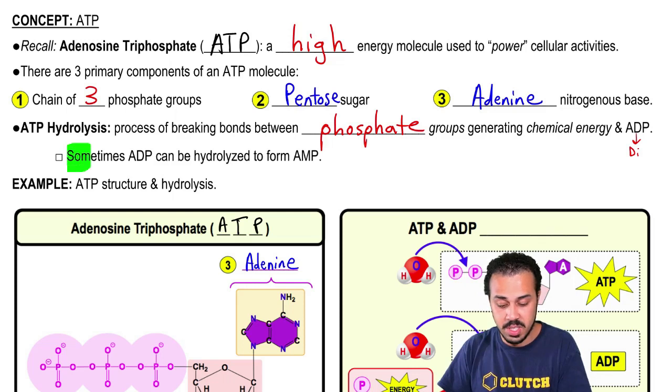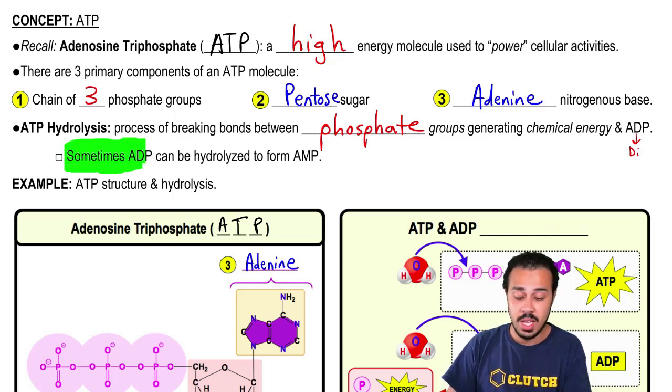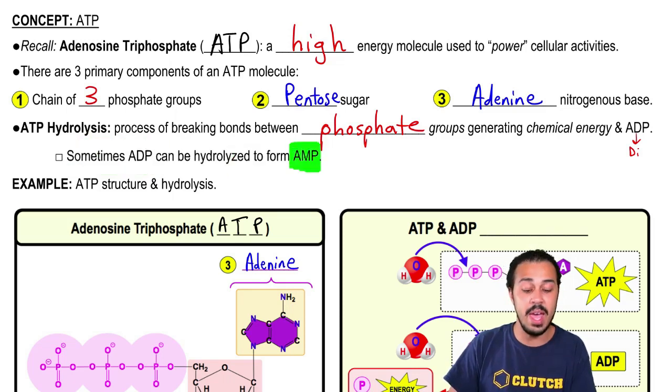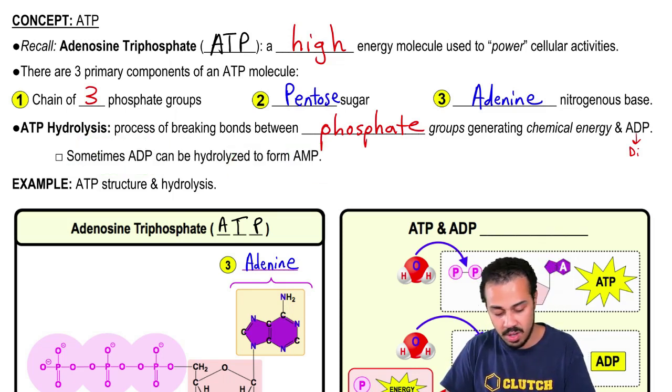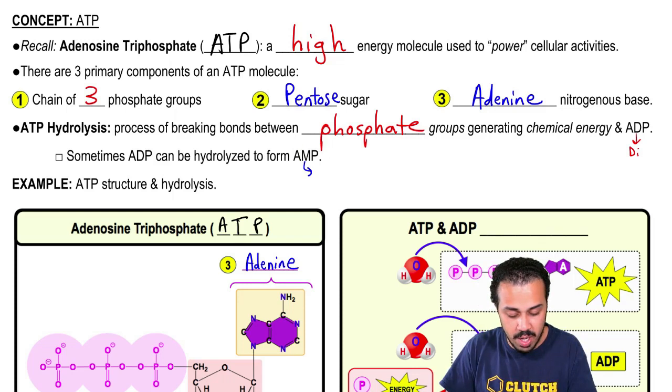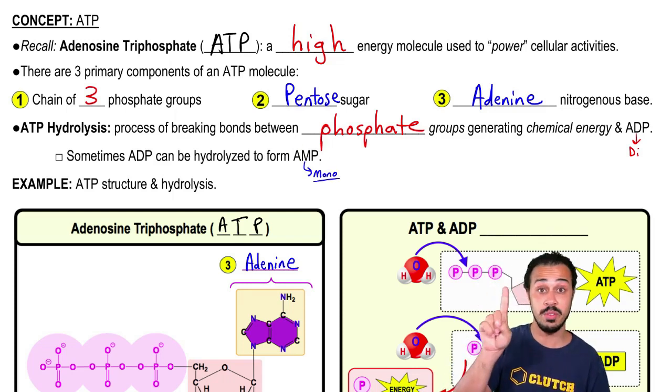Now, also in some scenarios, sometimes ADP can also be hydrolyzed to form AMP, and the M here is referring to mono, adenosine monophosphate, and mono is a prefix that means just one phosphate.